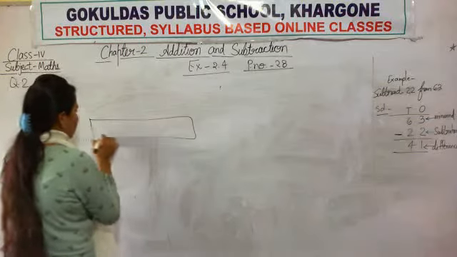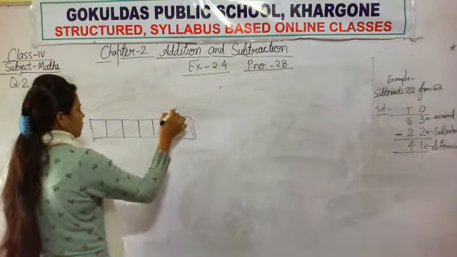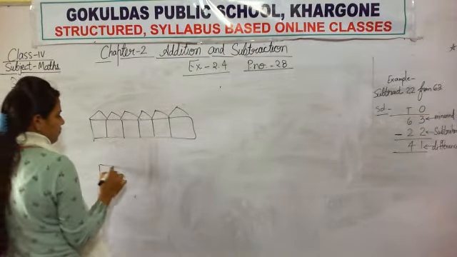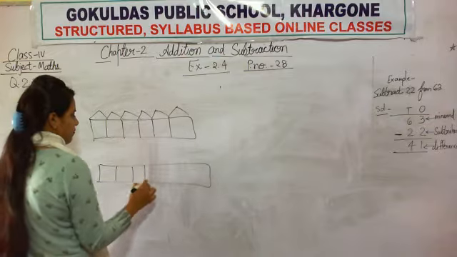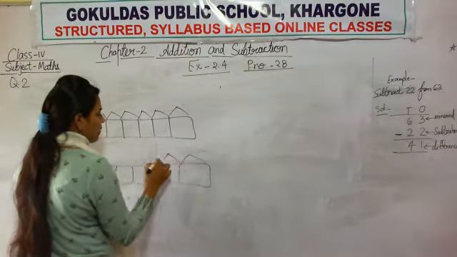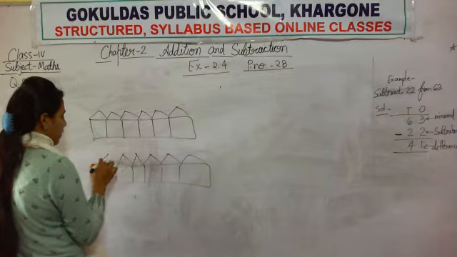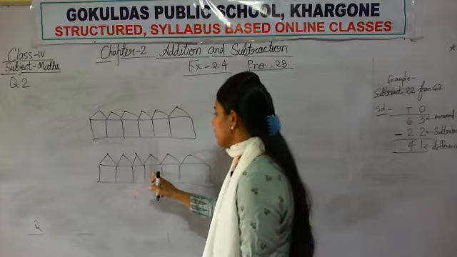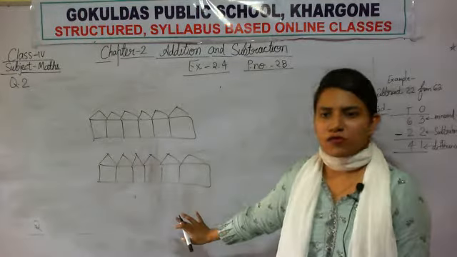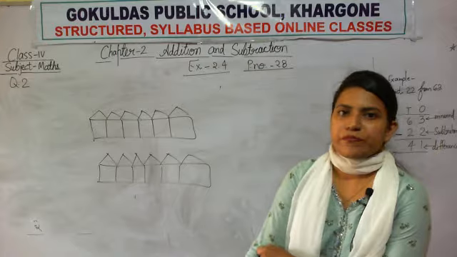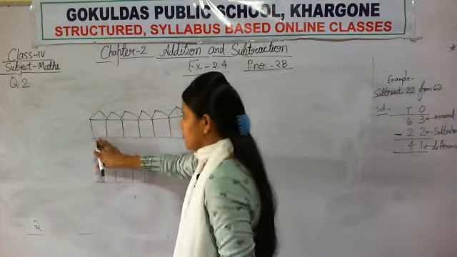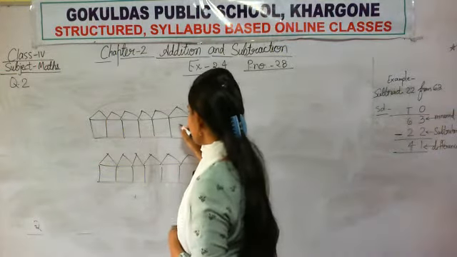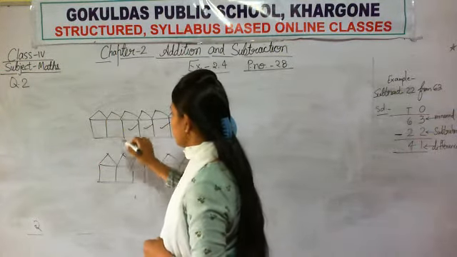Suppose there is a colony. These are the houses in an apartment. How many? 1, 2, 3, 4, 5, 6, 7, 8, 9, 10, 11, 12. 12 houses in a colony, and it is a new colony.